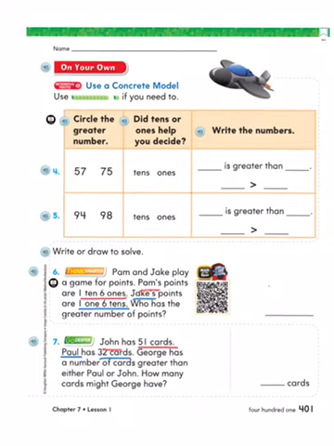And then we have another person, George, and we need to figure out how many cards George has. So we're going to look at who has more between John and Paul, and that should help us figure out how he's going to have a greater number than one of them. All right, go ahead and complete page 401.